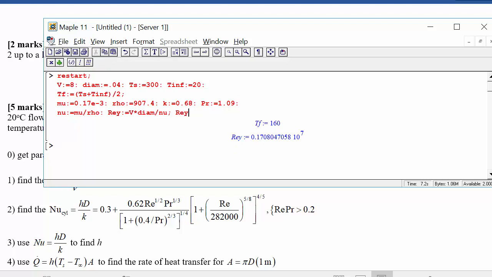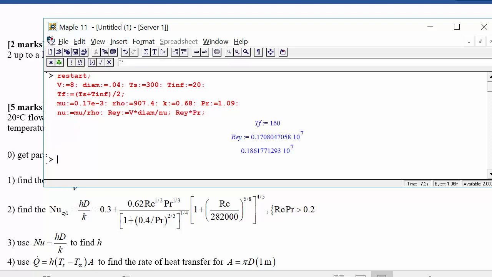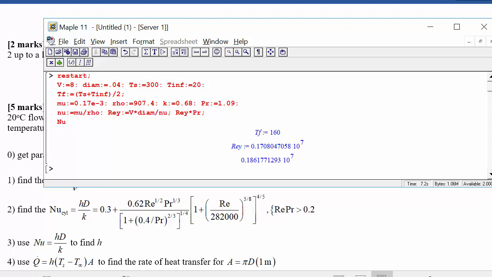So we're definitely good for the Reynolds number times the Prandtl number check to be able to use this. Something just slightly higher because the Prandtl number is only about 9% higher than 1. So 9% increase on the Reynolds number, still above 0.2. Okay, so then we need the Nusselt number.